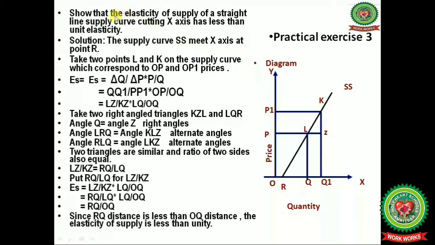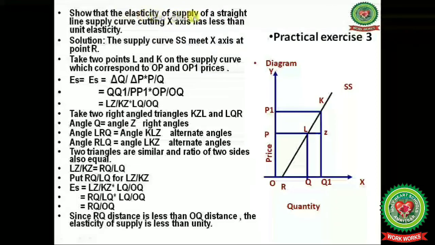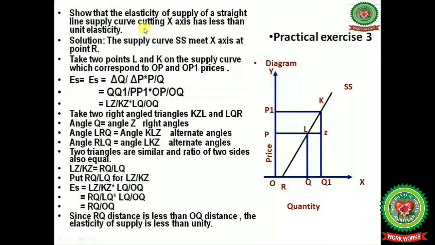Now next one is show that the elasticity of supply of a straight line supply curve cutting the x-axis is less than unit elasticity. The supply curve SS meets the x-axis at point R. Take 2 points on the supply curve, L and K, which correspond to OP and OP1 prices.